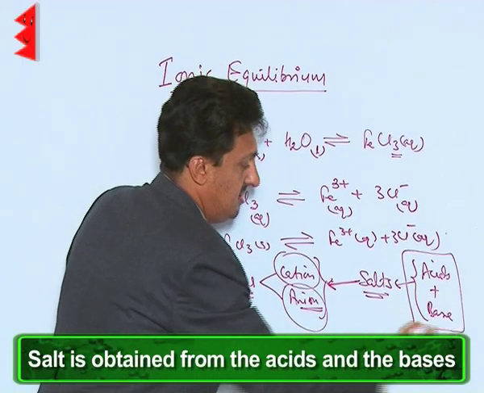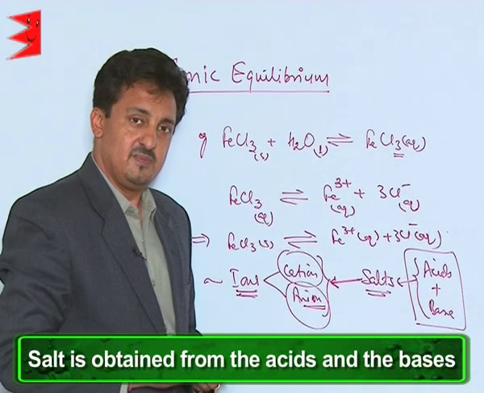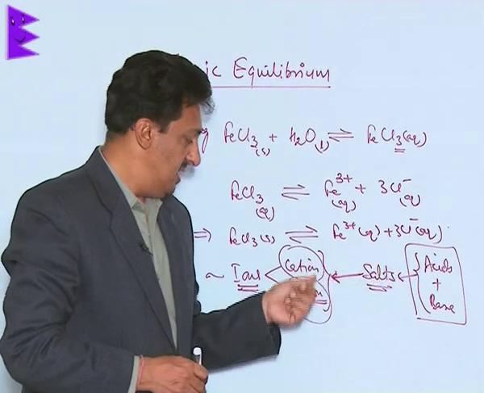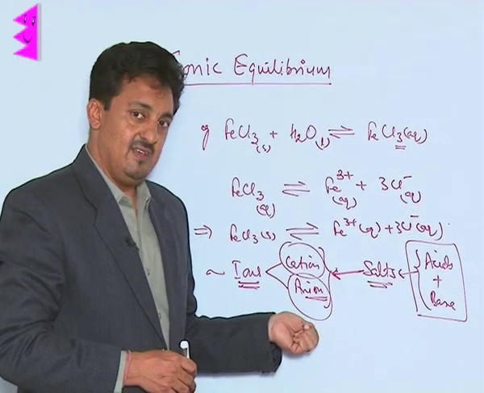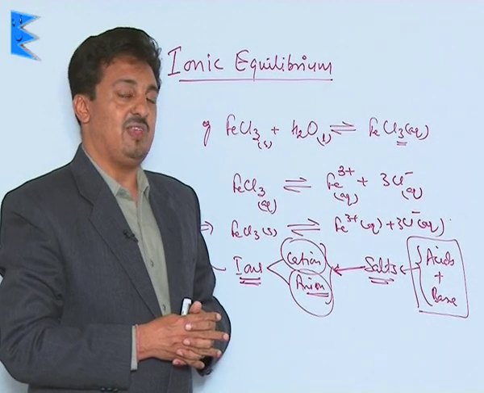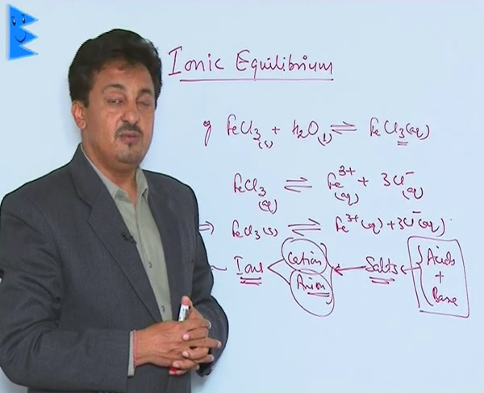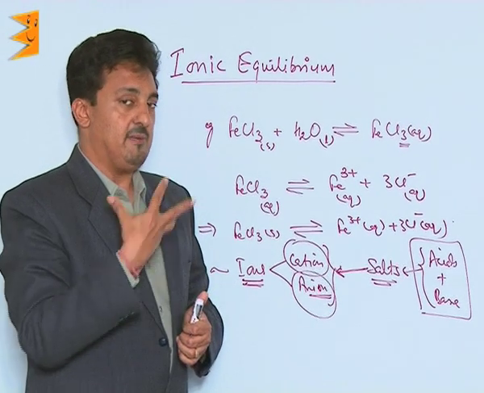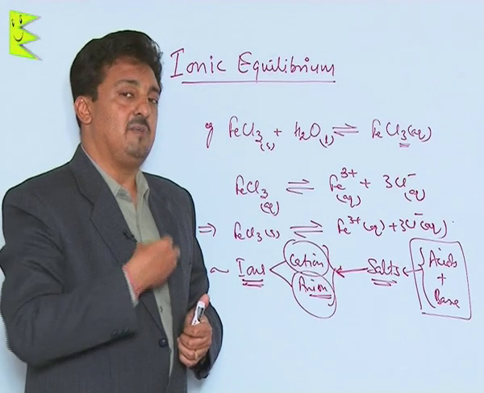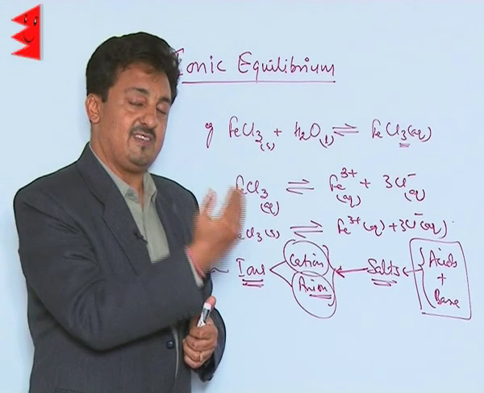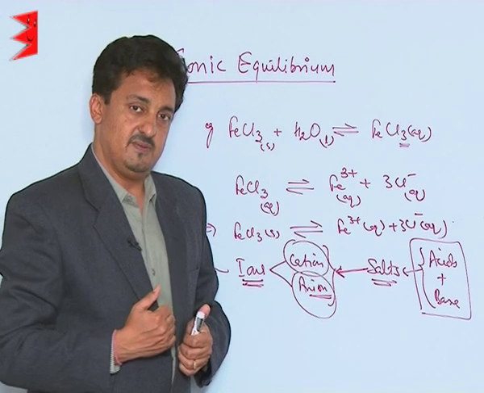This is the main key source. Though they themselves, when dissolved in water, also give cations and anions, whenever acids and bases are combined, a neutralization reaction takes place and salts are formed. So the nature of the salt, what type of salt we have and how it will behave in the aqueous medium, depends on the acid and the base from which it is formed.